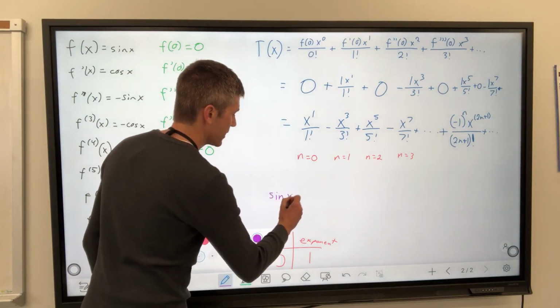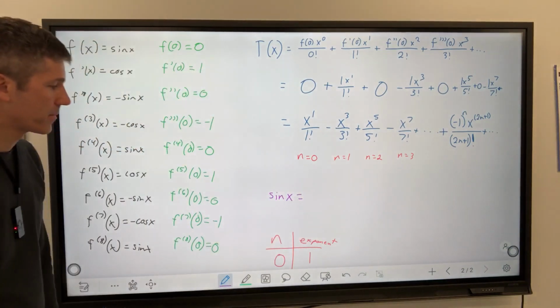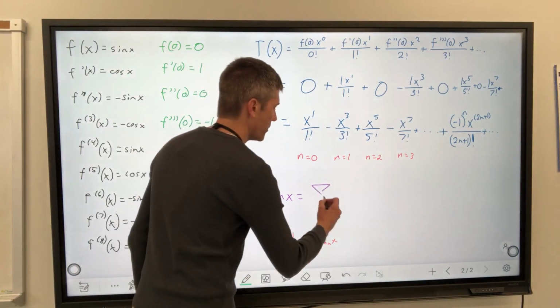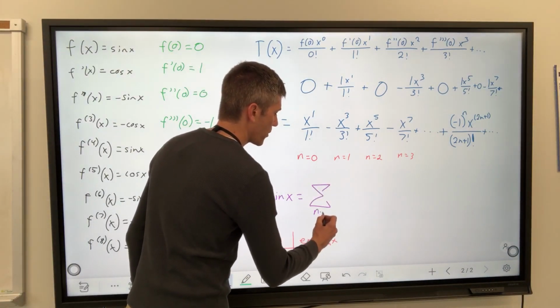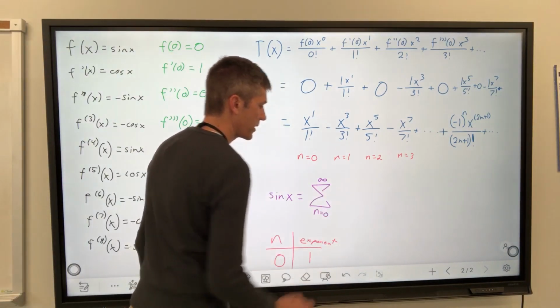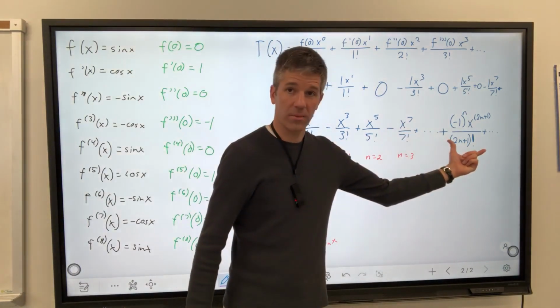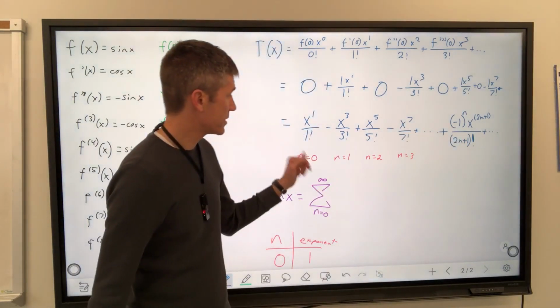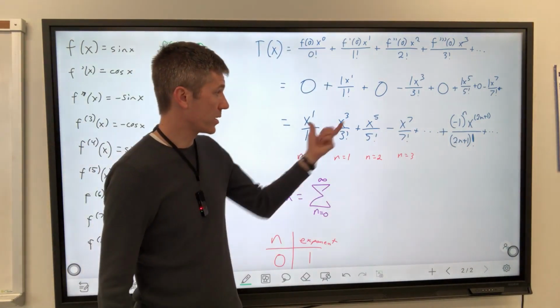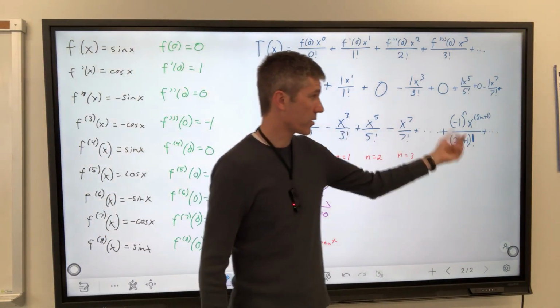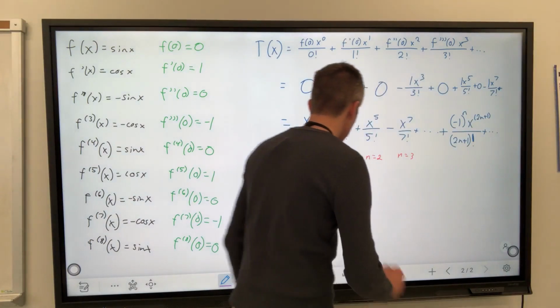Sine x equals the sum from 0 to infinity of this term. Because if I plug in 0, I get this term. Plug in 1, get this term. Plug in 2, plug in 3, plug in 4, plug in forever, and this is what you get.